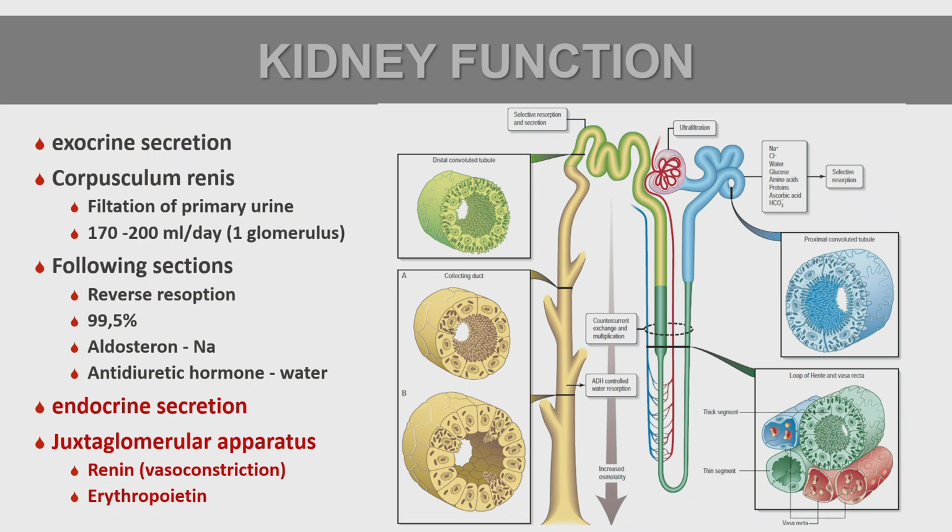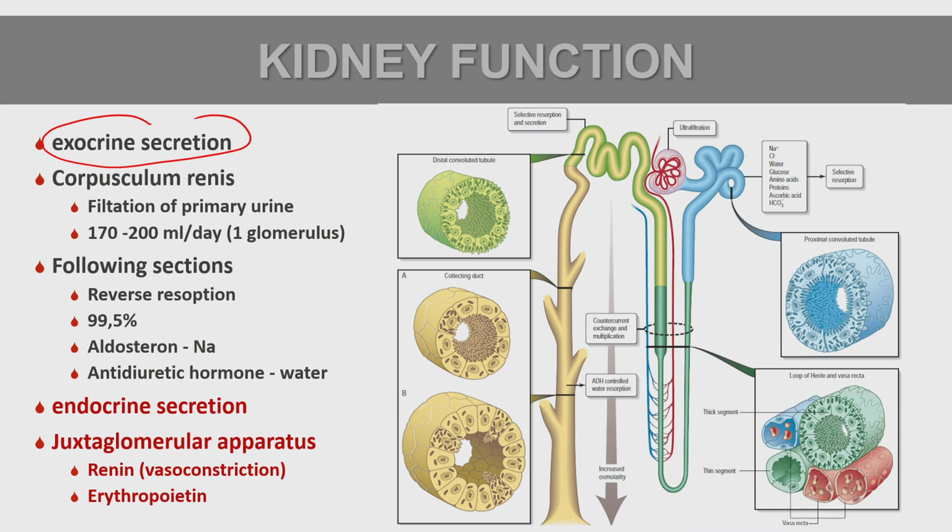Here the primary urine is created by ultrafiltration of the blood. This is part of exocrine secretion. Corpusculum renis forms 200 milliliters of urine a day. We have thousands, millions of them.